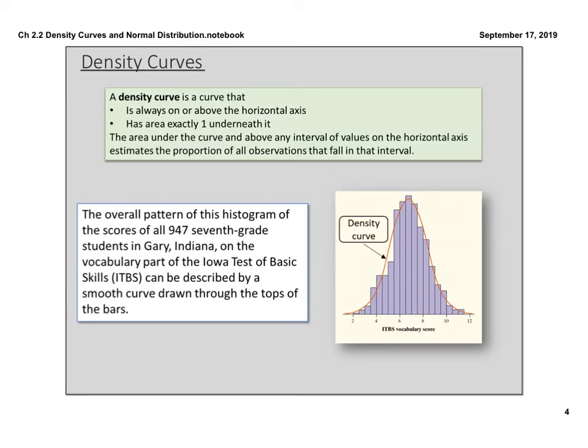In this, it says the overall pattern of this histogram of the scores of 947 7th grade students in Gary, Indiana, on the ITBS vocab test can be described by a smooth curve drawn through the tops of the bars. So the bars are the purple things. That's the histogram of the kids' scores.